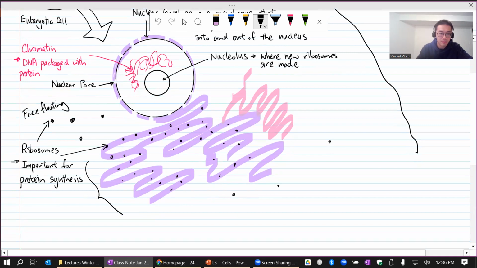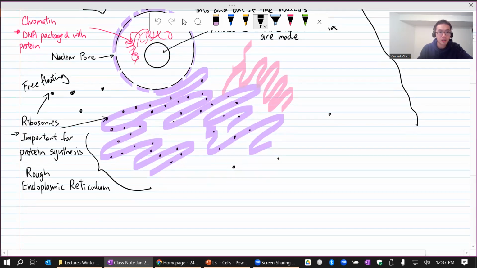Okay, so this stuff, right, this network with the ribosomes on them, we call this the rough endoplasmic reticulum. Right, the rough endoplasmic reticulum.